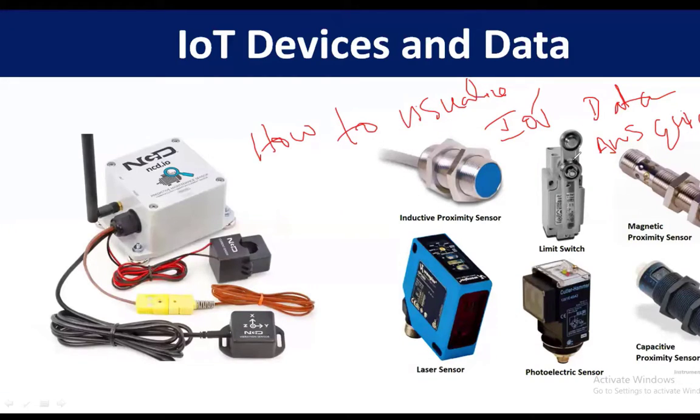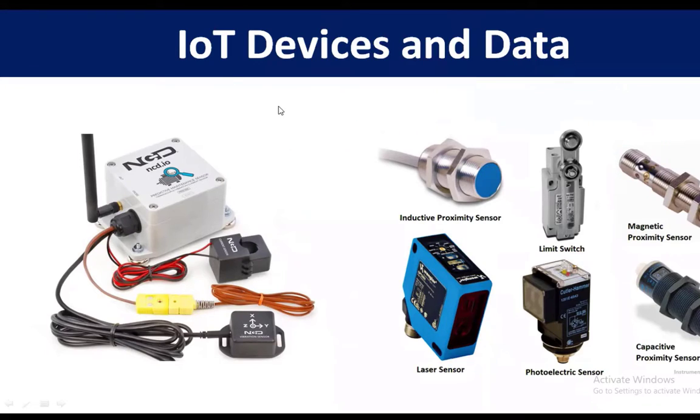I'll be showing you end to end how to generate data, then how to take this data to AWS QuickSight and visualize it there. I'll show you all the steps. The goal is how to visualize IoT data using the AWS QuickSight service.